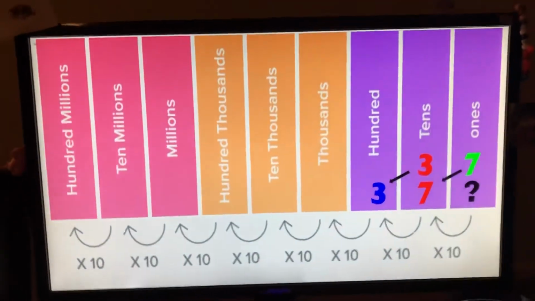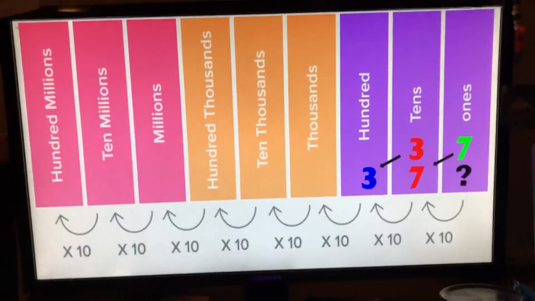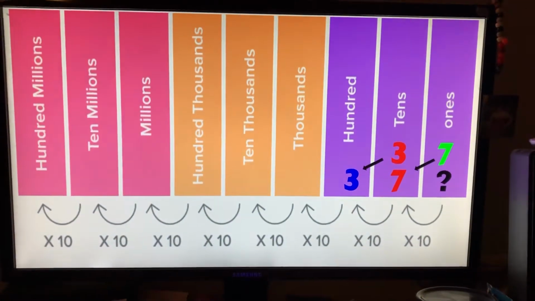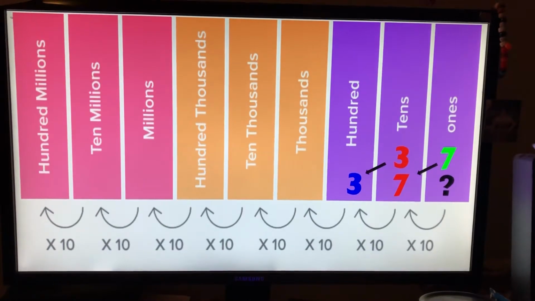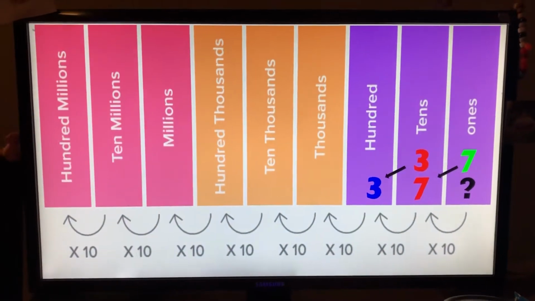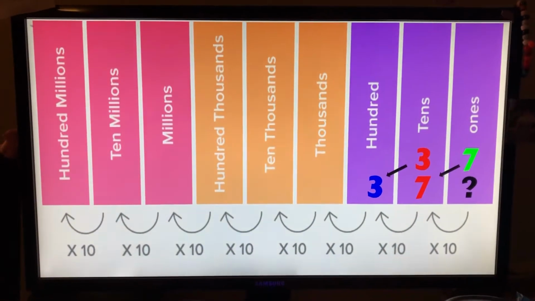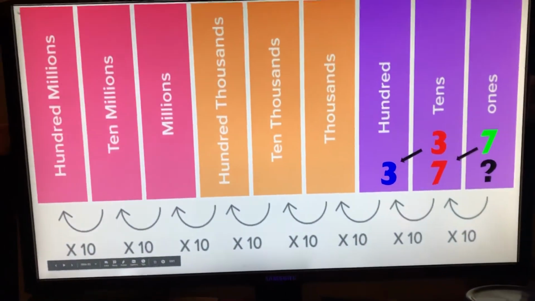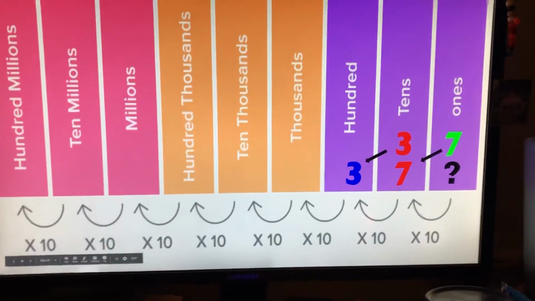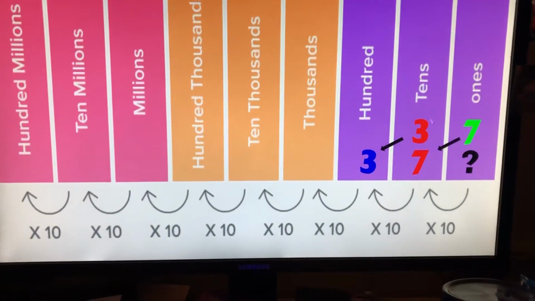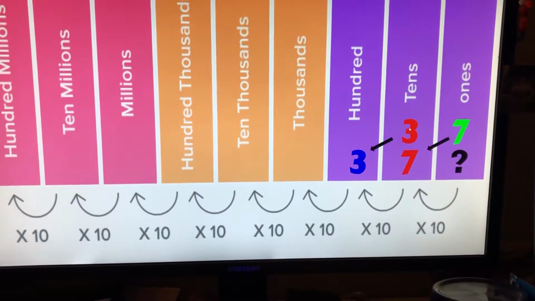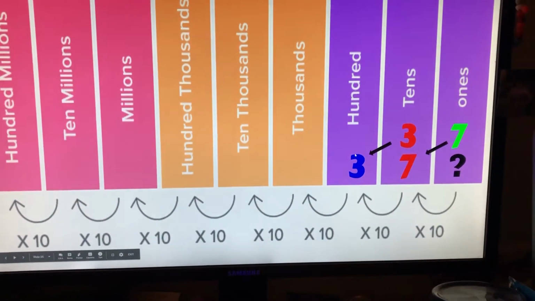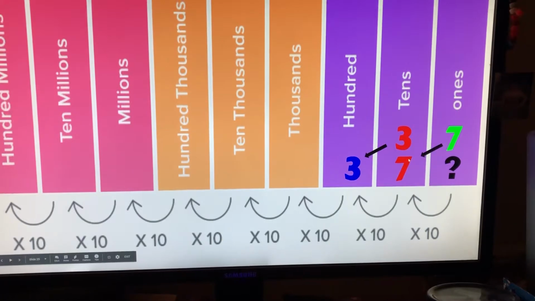Okay, so what does this mean? We talked about how every time we cross over that line, we times it by 10. Now we had 10 students, and they all had 37 marbles. If we're timesing all of them by 10, or we are adding 10 groups together, that 3 has to move over 1 because it's being times by 10. It's moving over 1, and so is that 7.